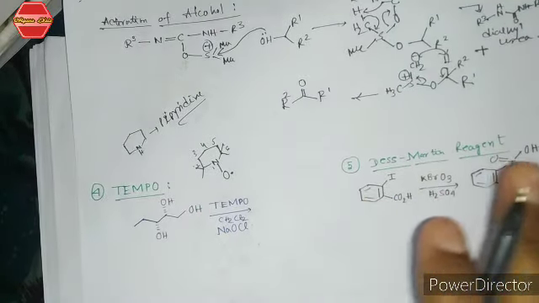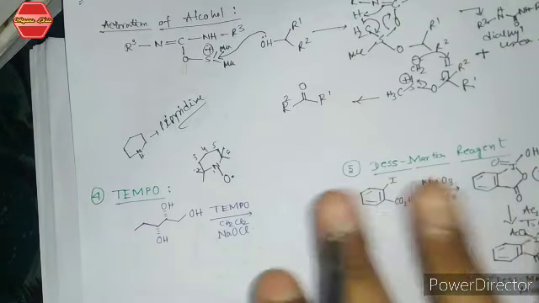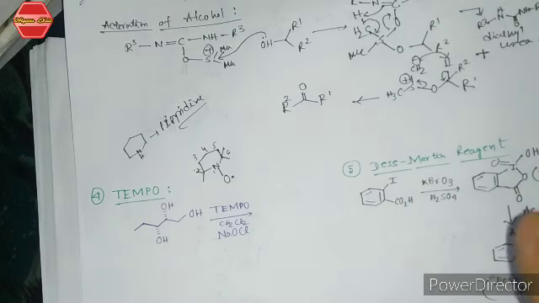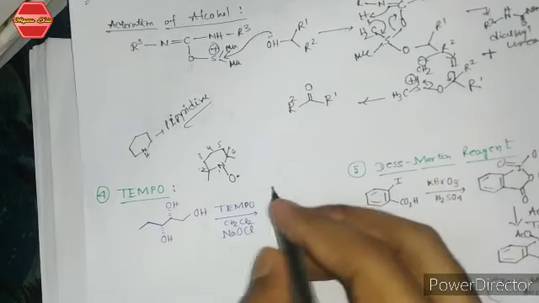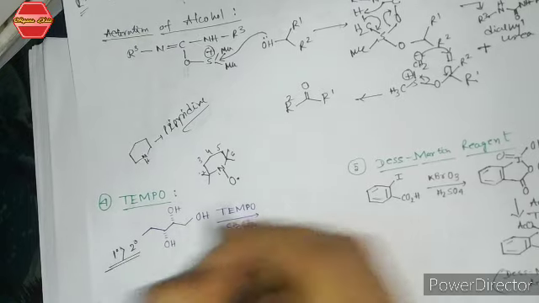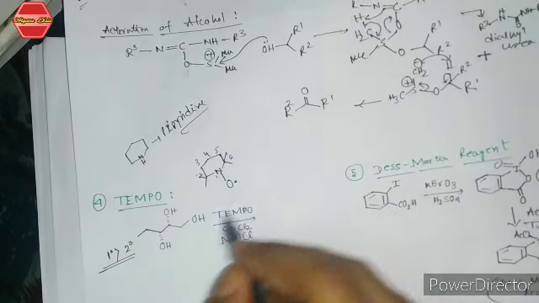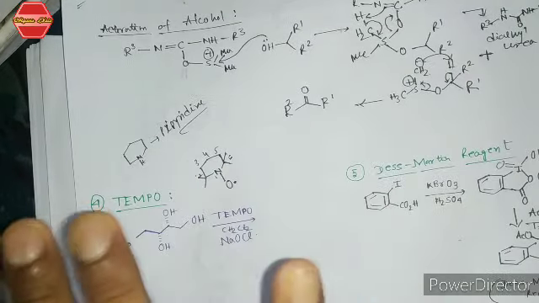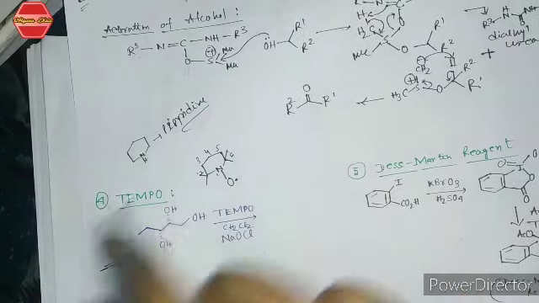Okay, so it also has a selectivity, that this type of reagent generally oxidizes 1 degree alcohol rather than 2 degree alcohol. Okay, so it generally shows selectivity in that 1 degree alcohol is oxidized faster than 2 degree. Okay, so now how to form this TEMPO.